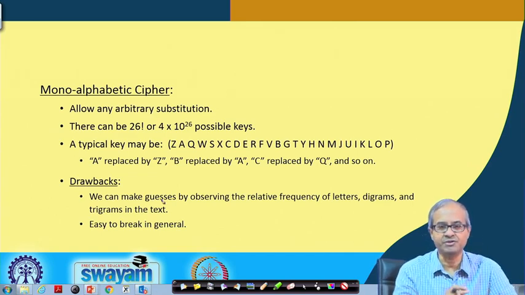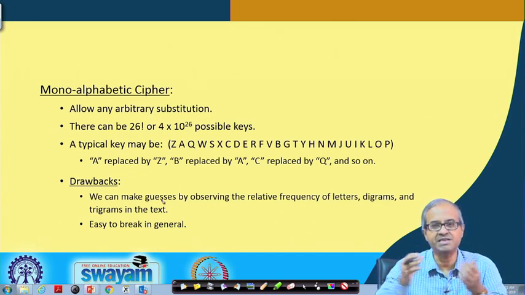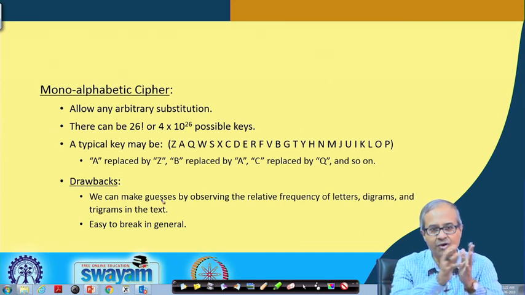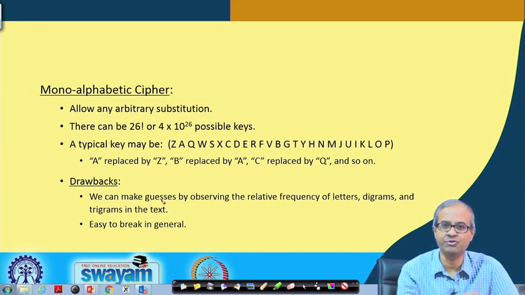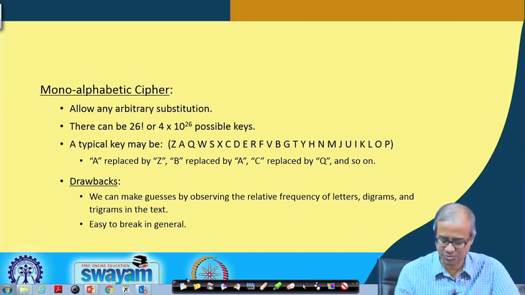So, how frequent are they? So, if you make such a frequency count of all the letters, digrams and trigrams that appear in your cipher text, then you can guess which is your A, which is your B, which is your C, and like that you can break it. Okay? So, using the relative frequencies, it is rather easy to break this code.